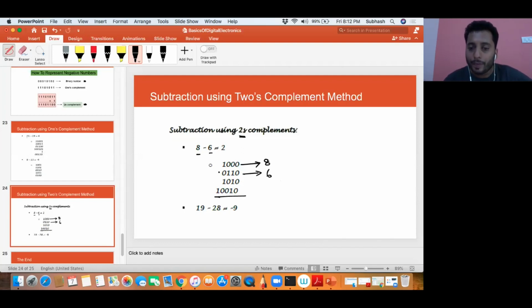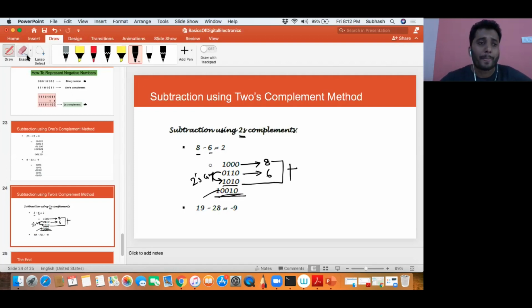Then find the twos complement of the second number, and you get the third number. Add the first number and the third number, and you will get a result. In this result, discard the carry, it is not required, and you will get the value. This is how you do it.